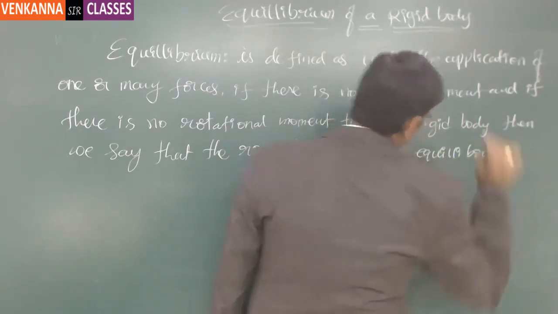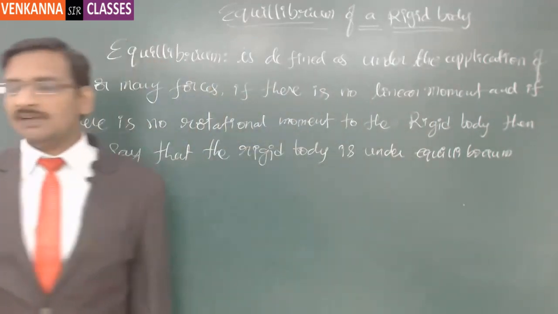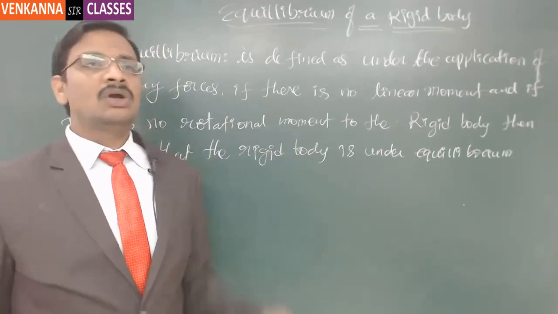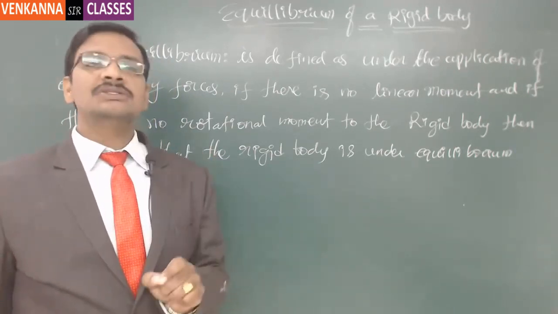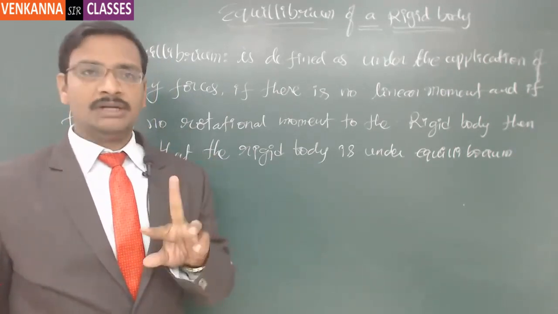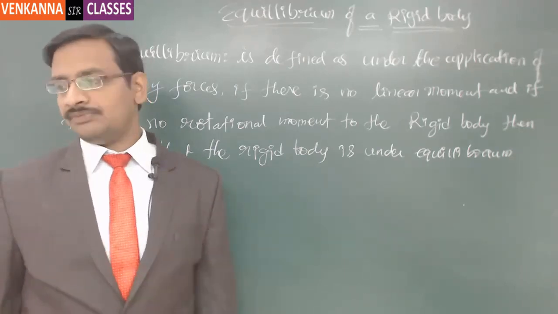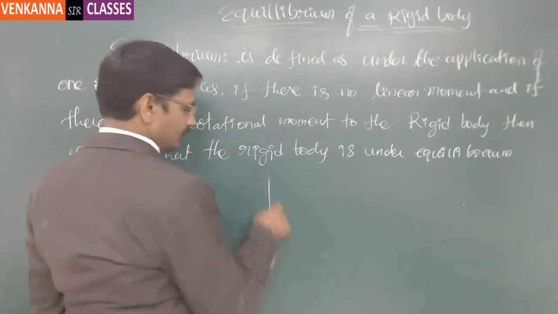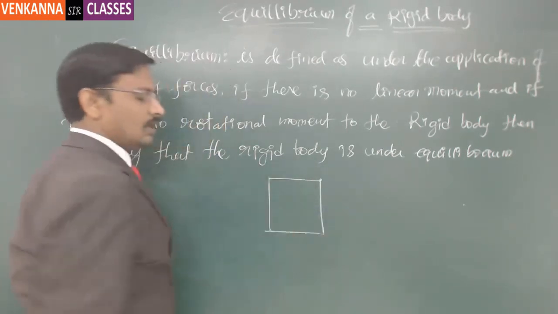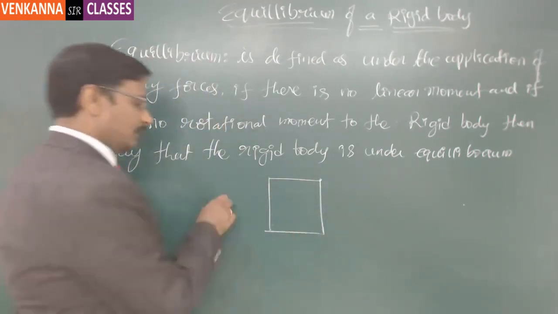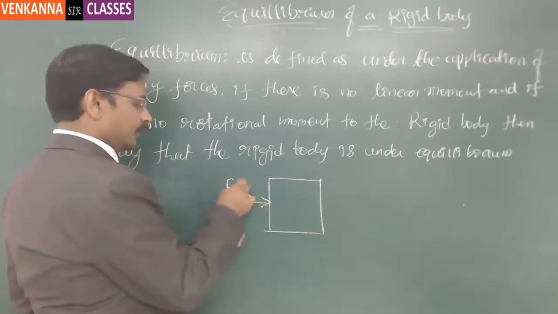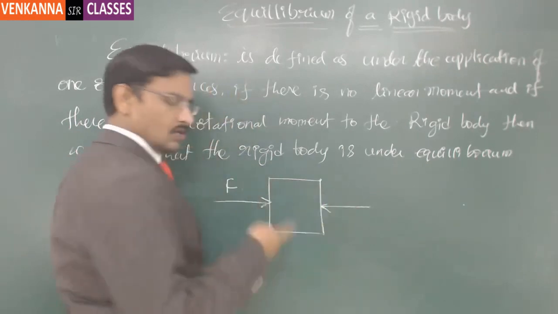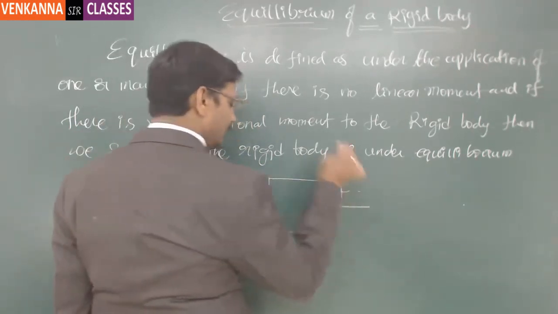That means to test the equilibrium, it is a must to have certain forces on the body, and then all the forces should result in zero displacement, both linear and rotational. So that is the condition of equilibrium. It is as simple as that. Suppose I have a body like this, and on this body I apply a force of magnitude F, and I apply one more force exactly in the opposite direction but of the same magnitude.